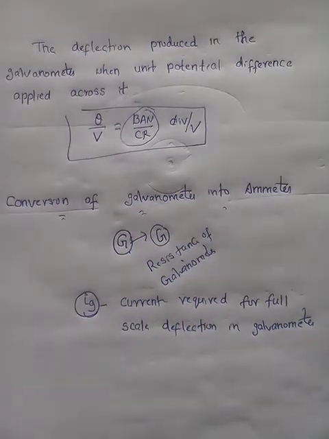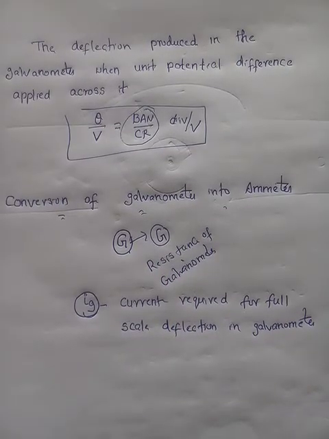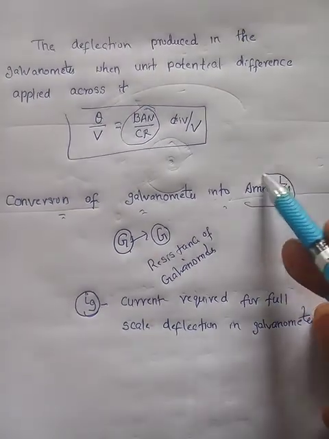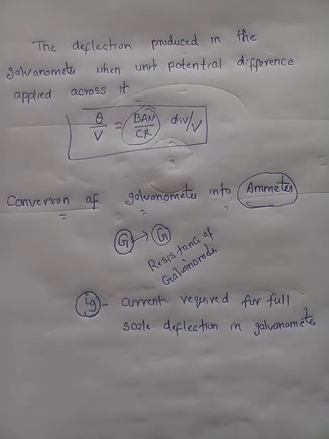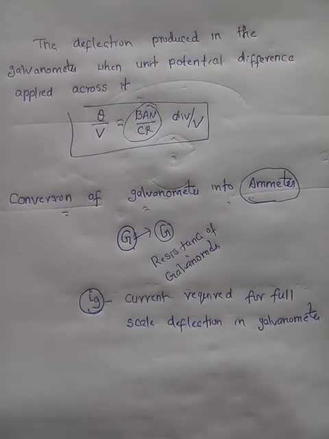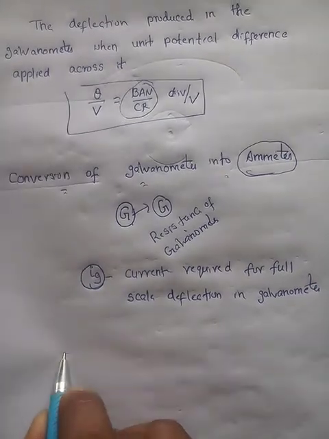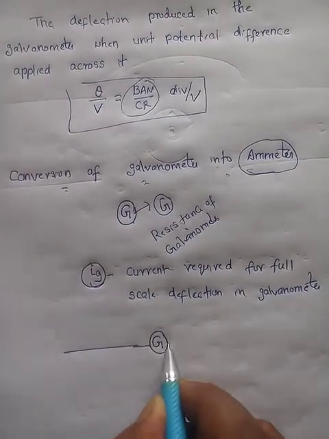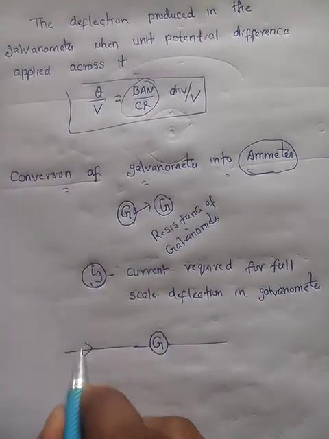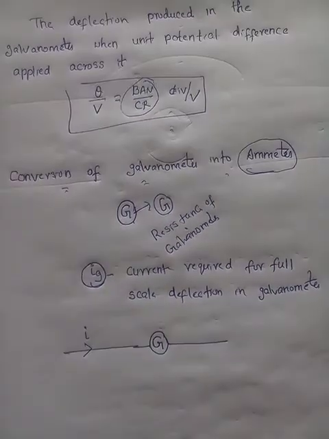So we come to know that a galvanometer is a device used to measure small currents, whereas an ammeter is a device used to measure large currents. How can we convert a galvanometer into an ammeter? The method is very simple. Connect a galvanometer, and we want to measure current I through it.